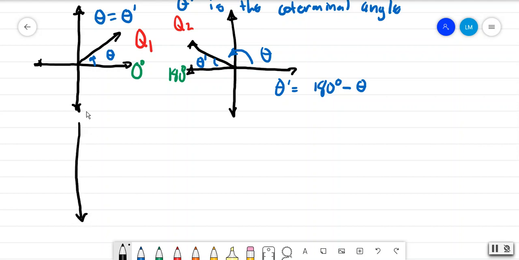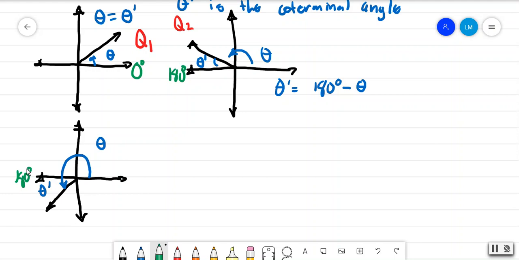Now the other possibility is what happens if the angle measure terminates in quadrant 3. Well, if it terminates in quadrant 3, you want to do it the exact same way. Basically, this is theta, but this angle right here is theta prime. This is all relative to the x-axis. In this case, we can say that this is 180.